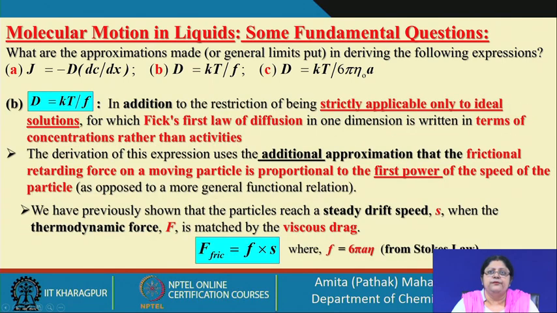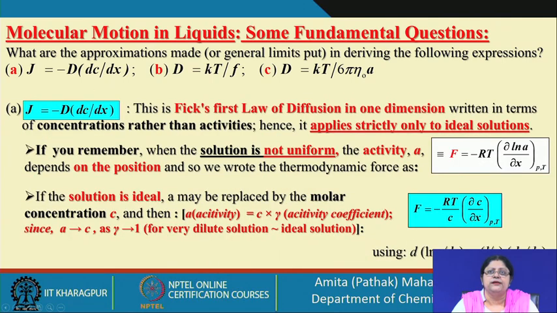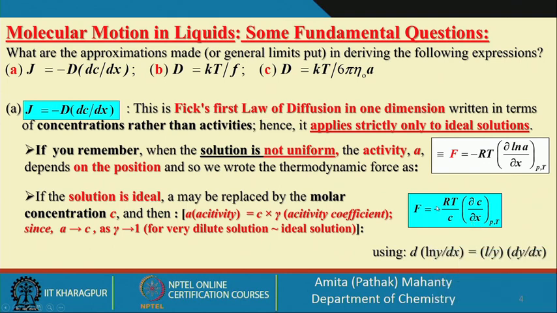If you remember, how we had written this equation: 1 by dy into dy dx, this is what we had written by simplification. So, minus RT by C into the gradient in concentration.